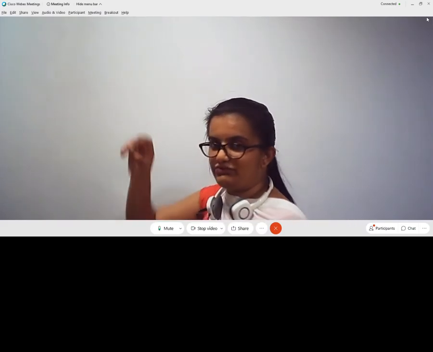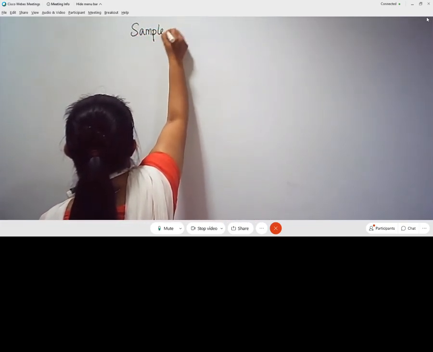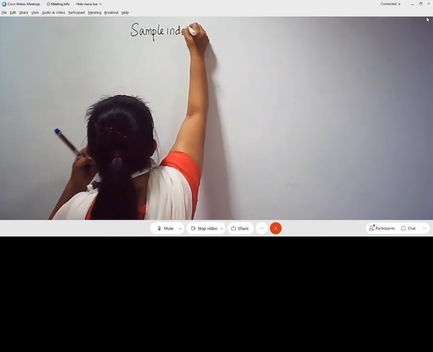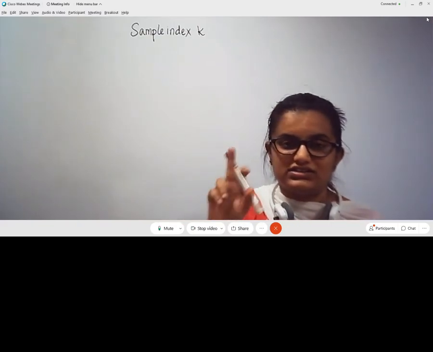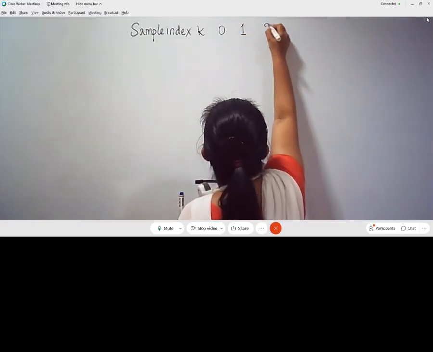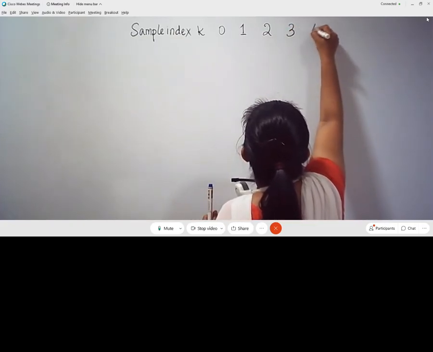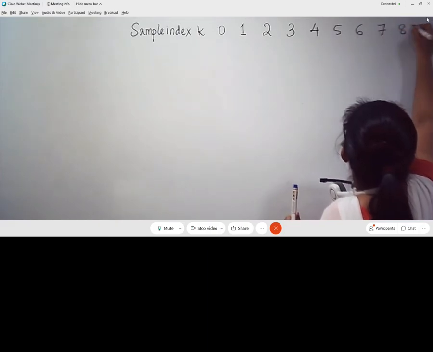Now I am going to give you an example as to how this works. I am just going to give you the sample index. Assume that I am going to collect one sample per bit. So I am going to have 10 samples, which means I am going to show you how this system works for a sequence of 10 bits.